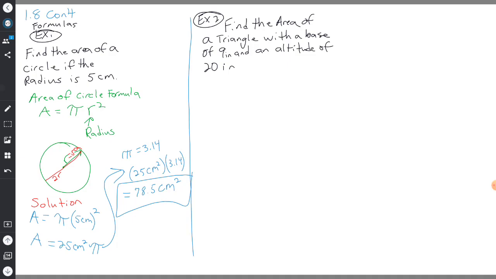So this one is asking to find the area of a triangle with a base of 9 and an altitude of 20 inches. First thing we have to know is the formula for a triangle. It's 1 over 2.